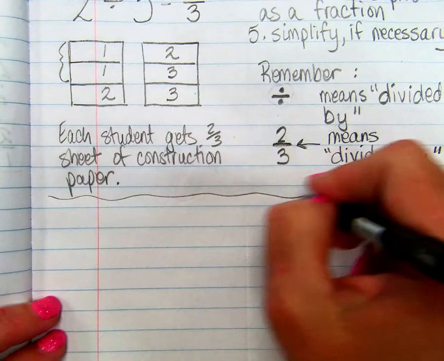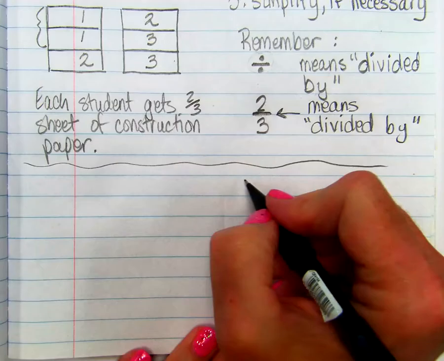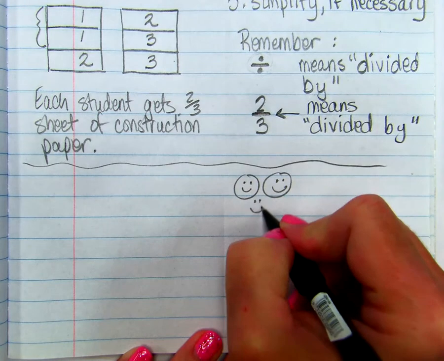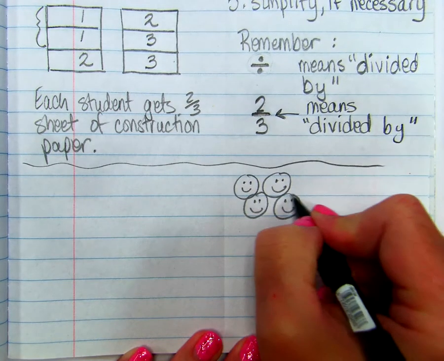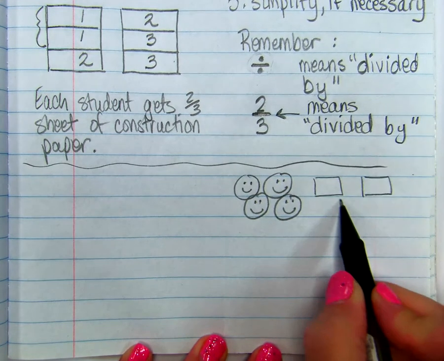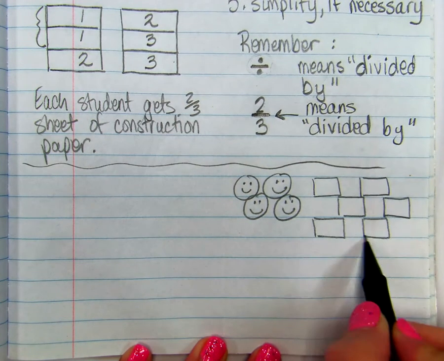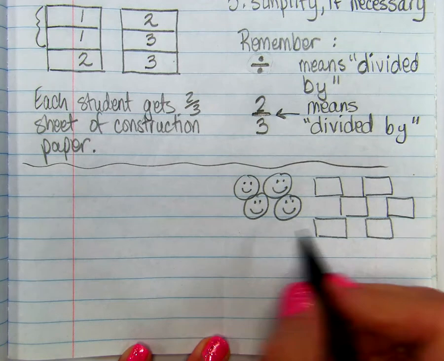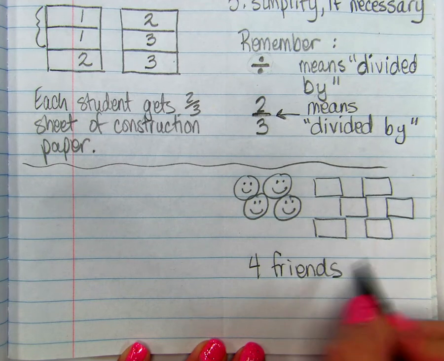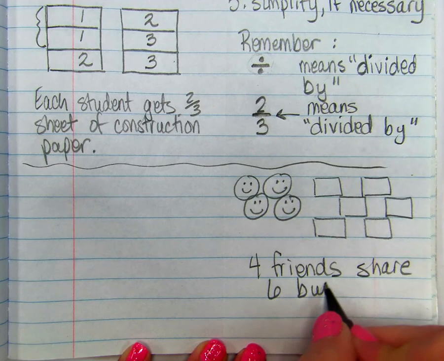Let's just draw my little picture over here. I'm going to draw 4 happy kids. So go ahead and draw 4 happy kids, 4 friends, and they're going to share, let's see, what can we call these? Let's call them, there's 6 of them, 4 friends share 6, let's call them burritos.